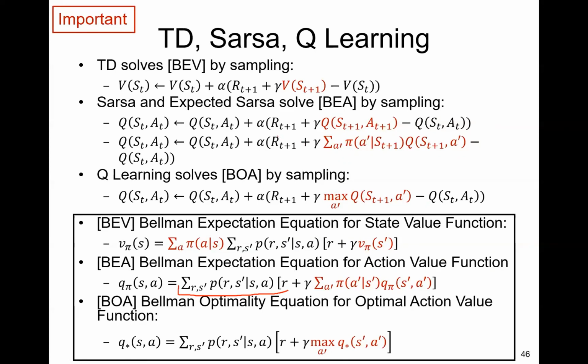So what happens is that you sample many runs and collect the reward and next Q, and then you update the Q. This R_{t+1} corresponds to this R here, and the Q corresponds to this small q pi here.